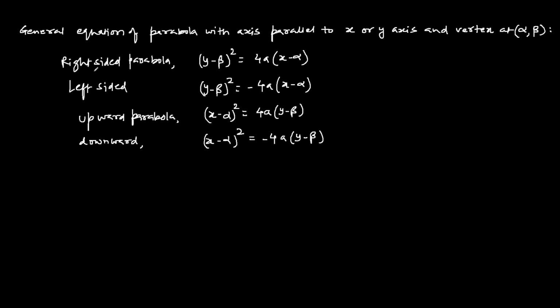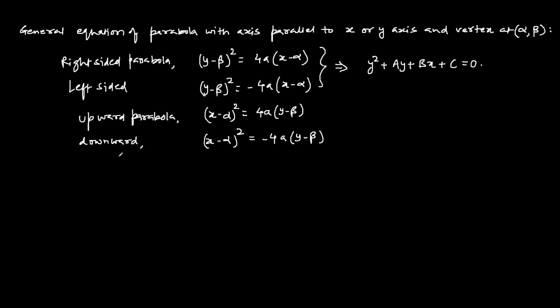See, if the parabola is right-sided or left-sided, the first two equations will always be in the form of y square plus ay plus bx plus c equal to 0. This is another representation of a right-sided or left-sided parabola whose axis is parallel to the x-axis and vertex is at (alpha, beta).